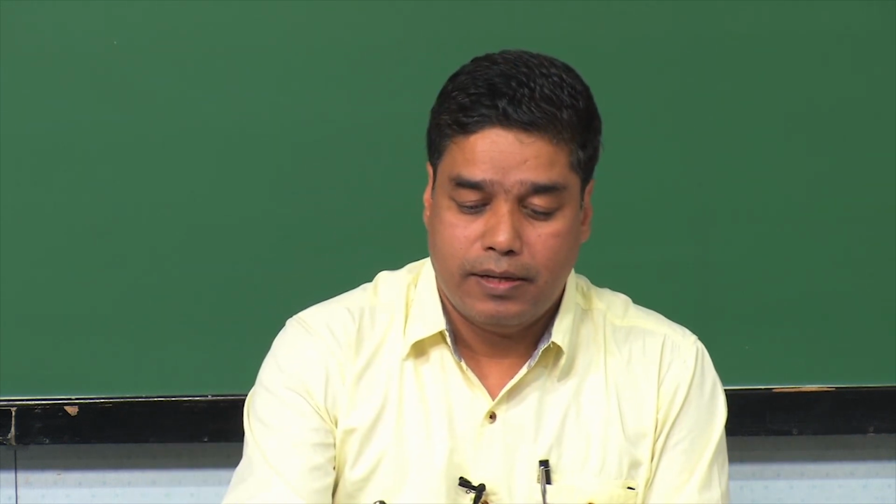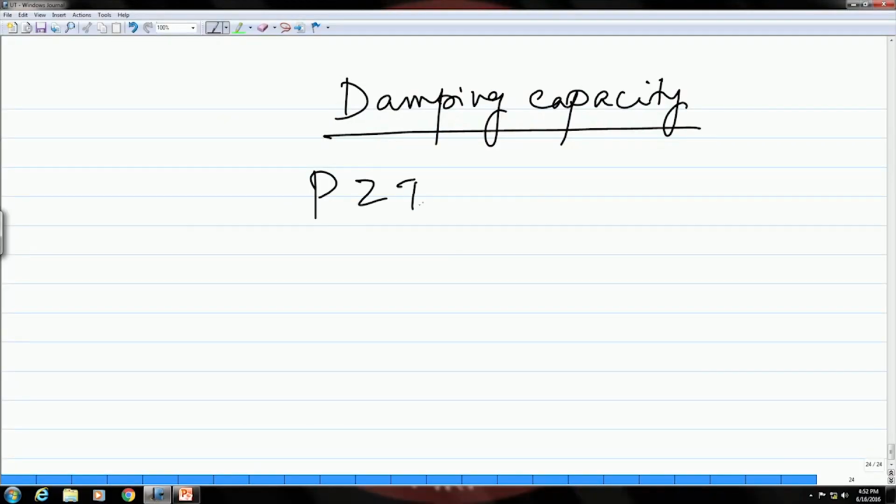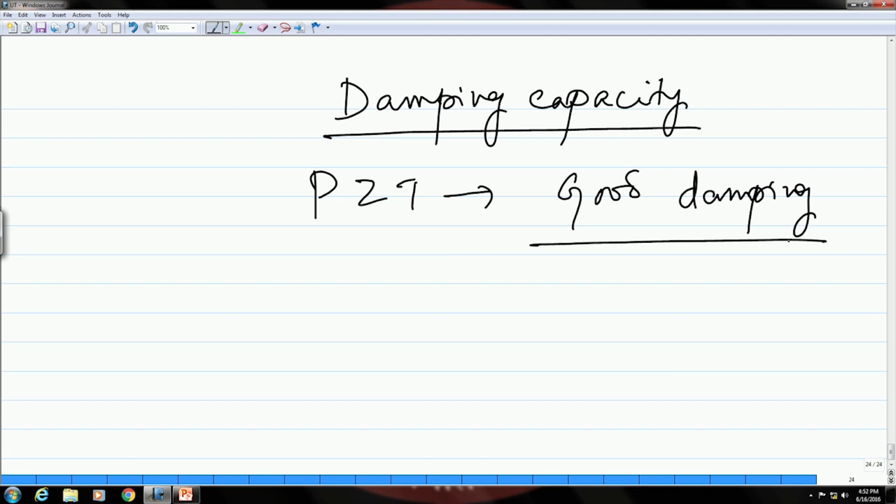So, PZT is a very good damping material. So, apart from the piezoelectric property, it also has good damping, and in most of the cases, to enhance this damping, a damping background is provided in the housing in which this element is there. So, when we talk about the construction of this ultrasonic transducer, we will talk about that also.